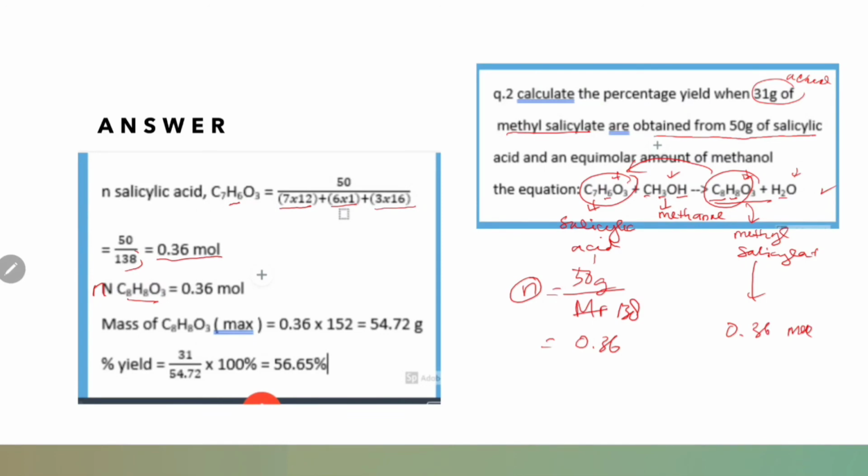Then we can calculate theoretically, the maximum amount that we can yield, which is the mass, mole times mR. So 0.36 times the mR, which is 152. We get 54.72 grams. That's the maximum, or the theoretical.